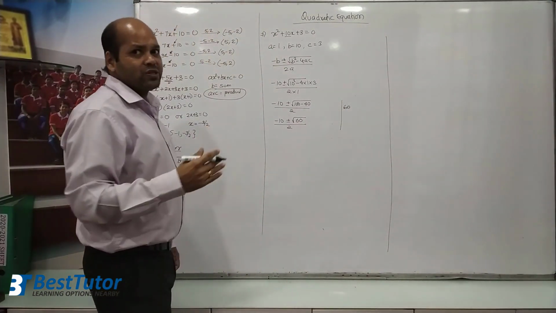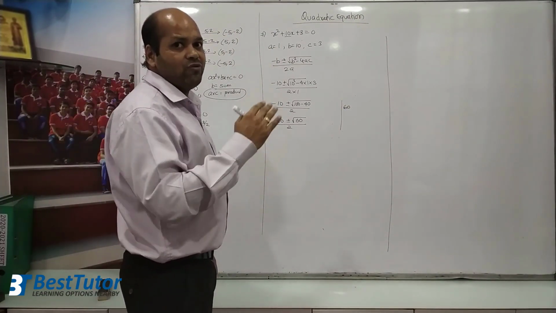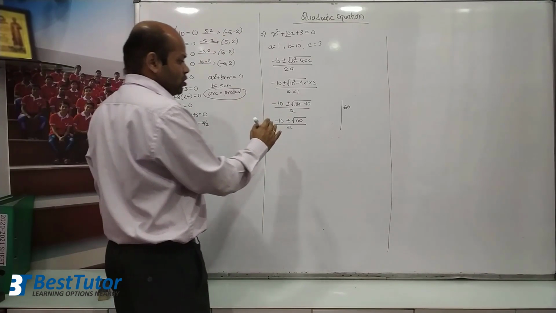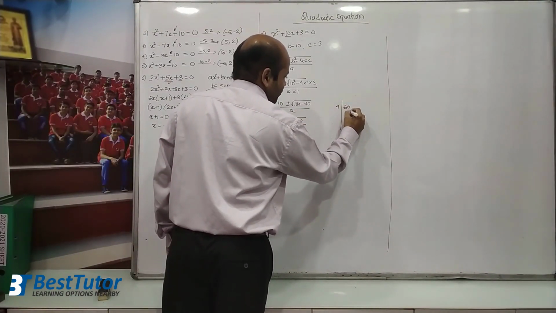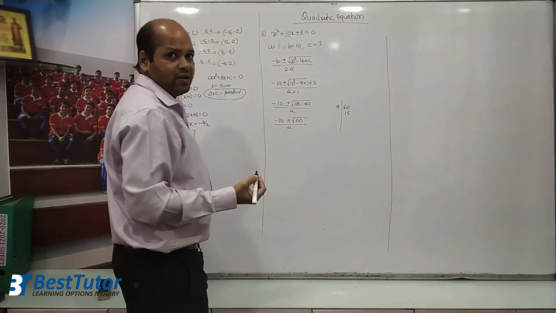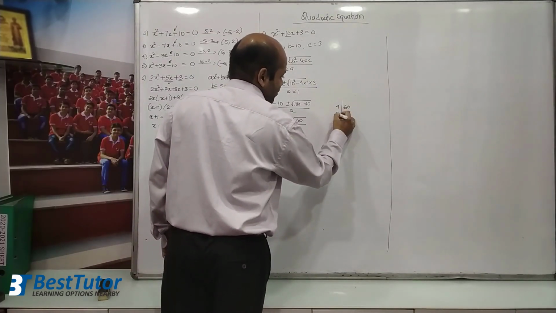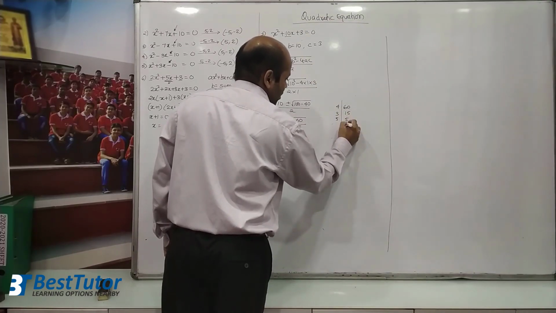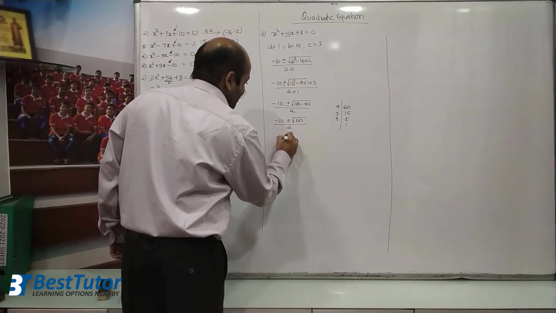I want to remove the root sign, so try to divide by square values so that you don't waste time. So I'll divide by 4.